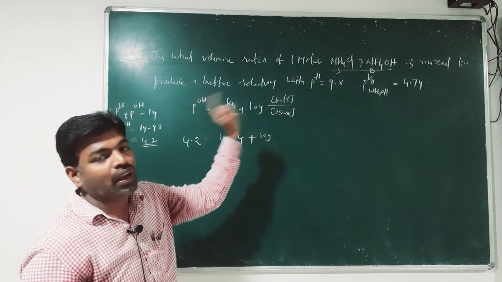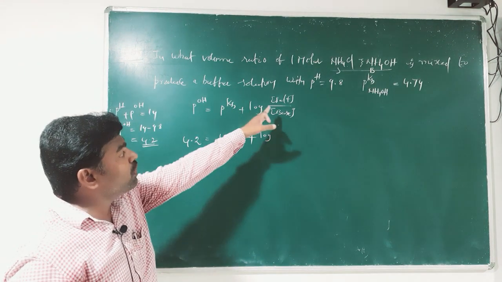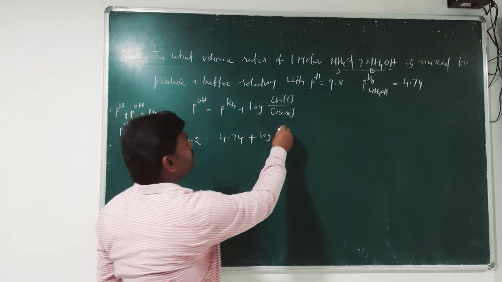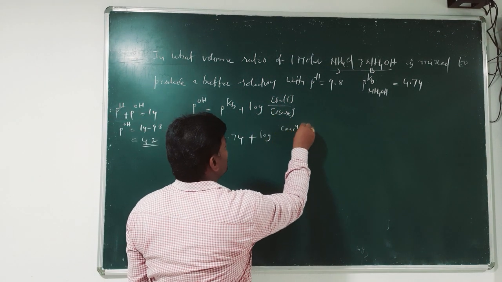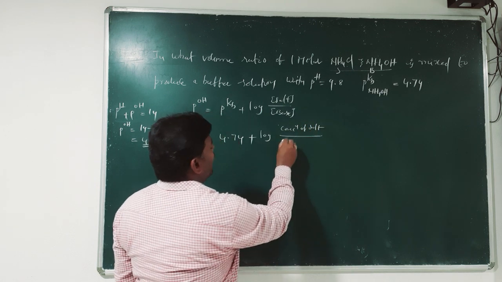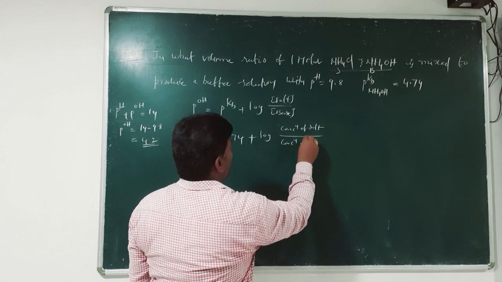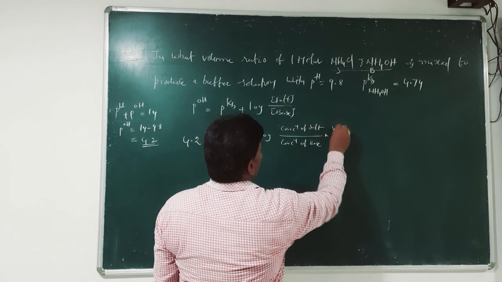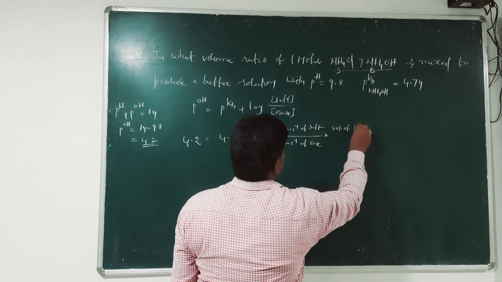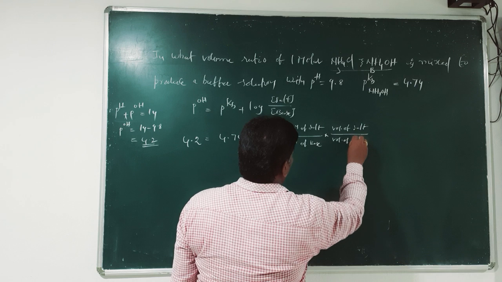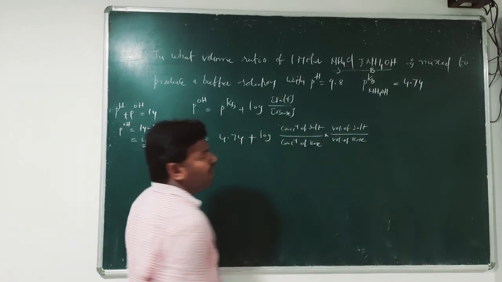So we can write this formula as concentration of salt into volume of salt by concentration of base into volume of base.